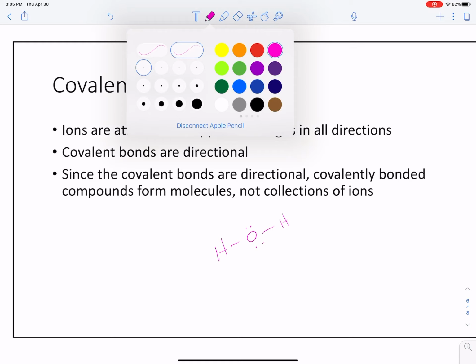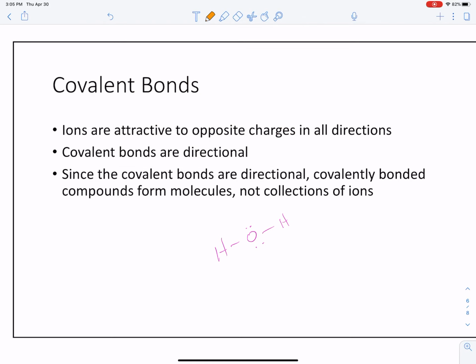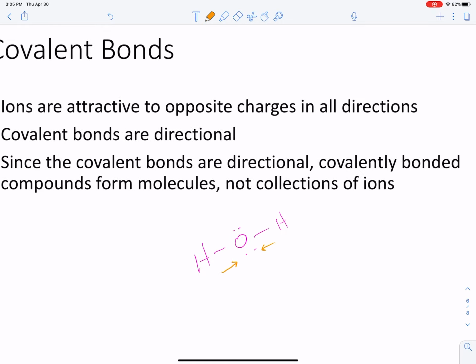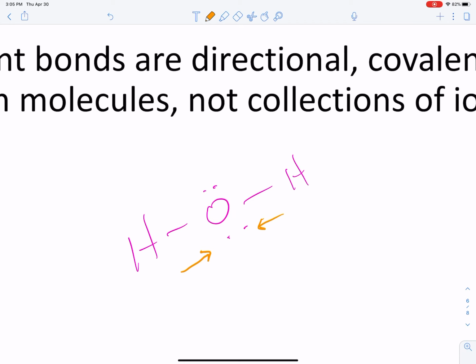With oxygen being bigger, it's stronger, and because it's stronger, it pulls electrons towards it. It pulls the handshake towards it. Because it pulls that electron toward it, the hydrogen becomes a little bit positively charged, so I'll put a plus over here on the other side of the arrow.